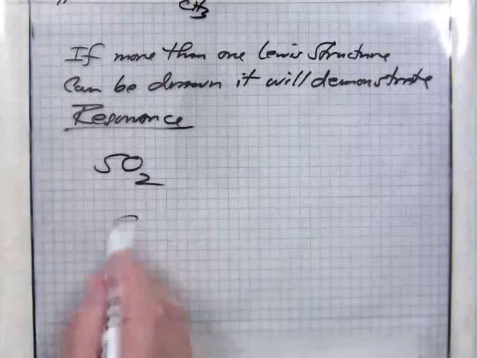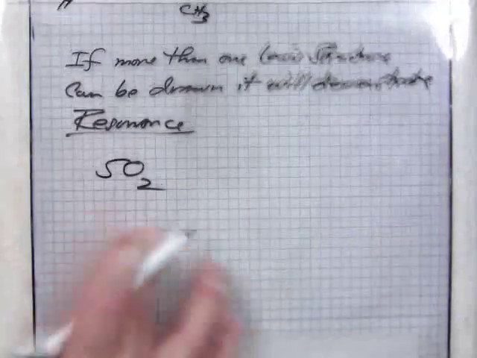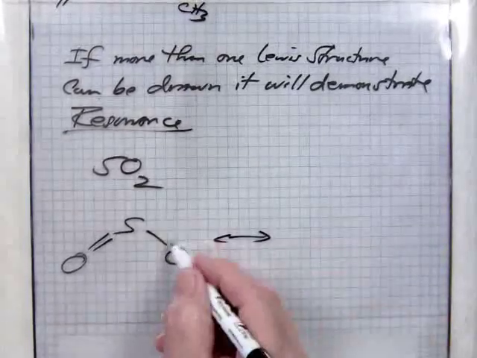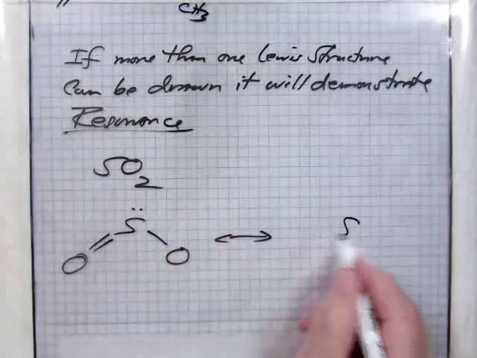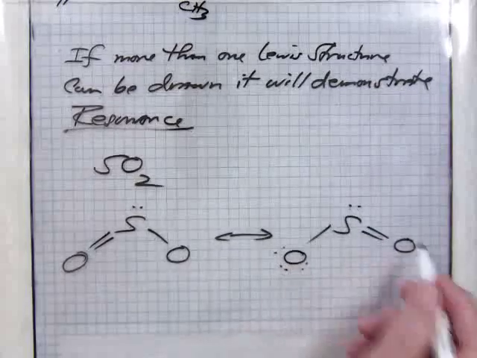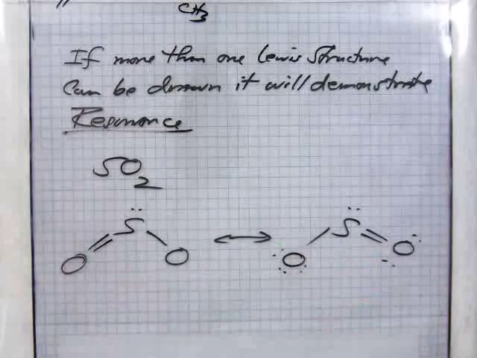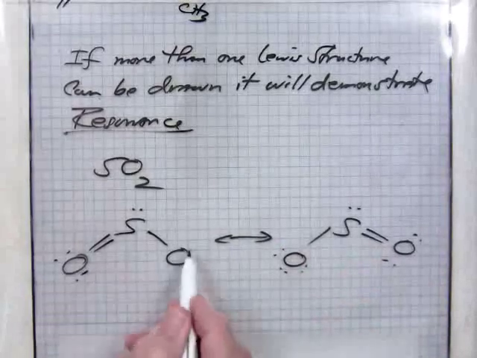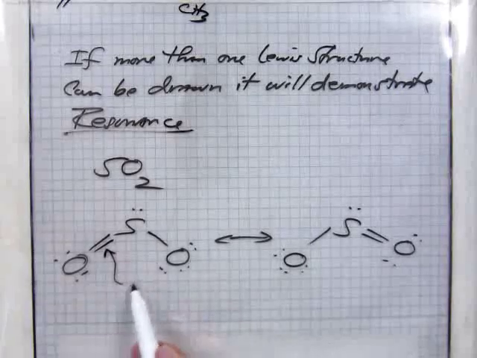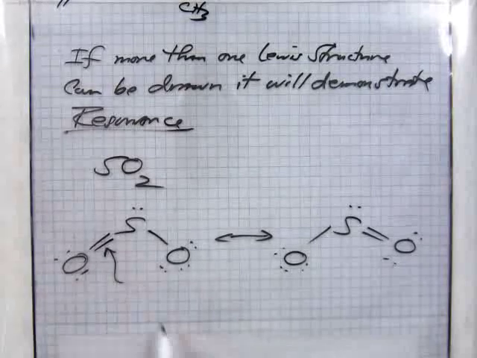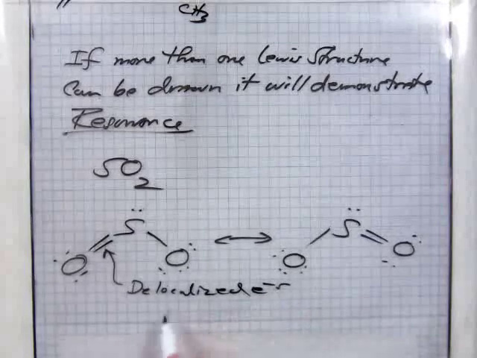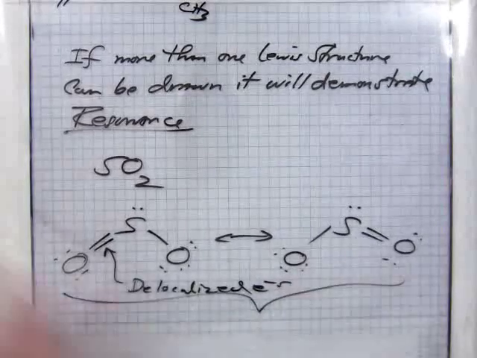Sulfur dioxide can be written like this, or it can be written with a double bond on the other side here. Neither one of them are said to be the absolute correct structures, because these are resonance structures. This bond, one of those bonds, distributes, it's delocalized. So the combination of these is your net structure.